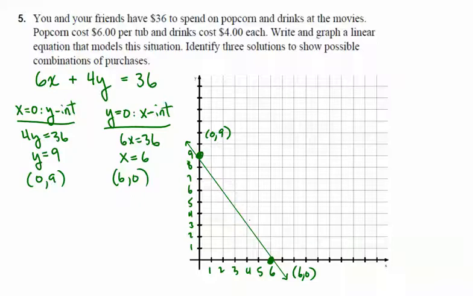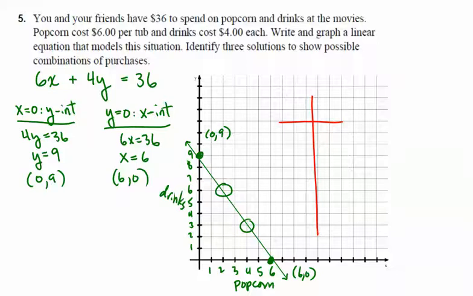It appears that maybe there and maybe here, and that would make sense. Those are all evenly spaced out. So let's make ourselves a table. We should really label this. X again is popcorn. Y is drinks.